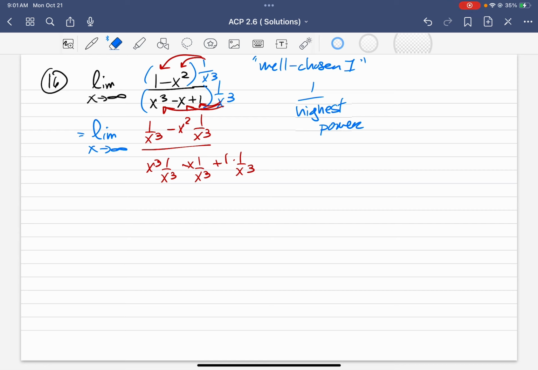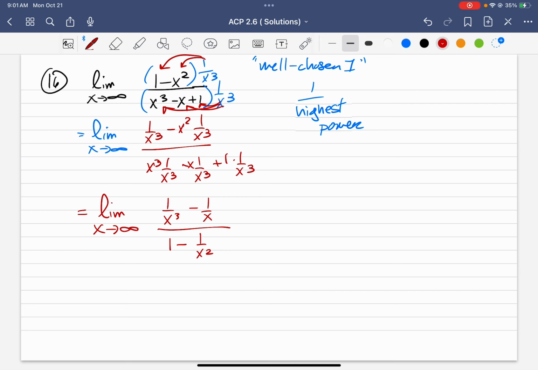But I think you see when you do that, you do not have to write the step I just did. I just did it to show you all the gory detail. What you really have is this minus 1 over x, and then 1 minus 1 over x squared plus 1 over x cubed. So yes, it is absolutely fine to go right from here down to that step.